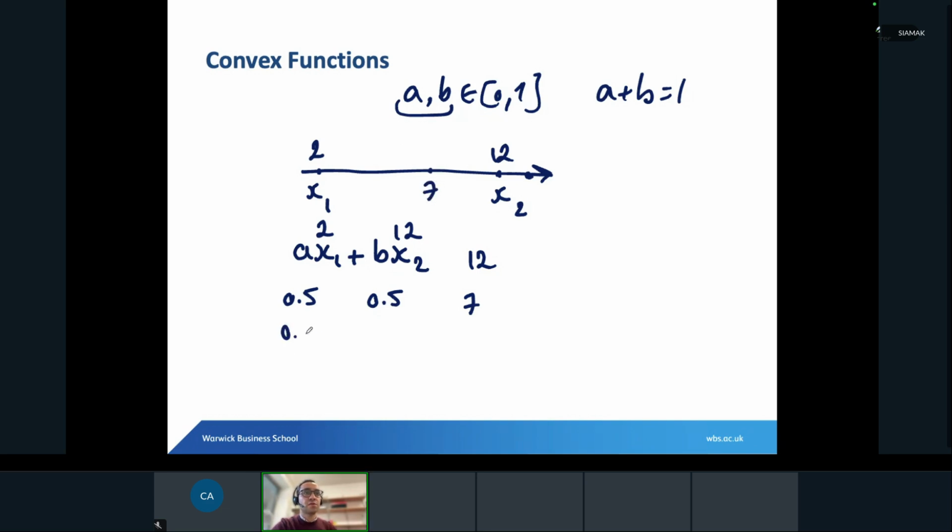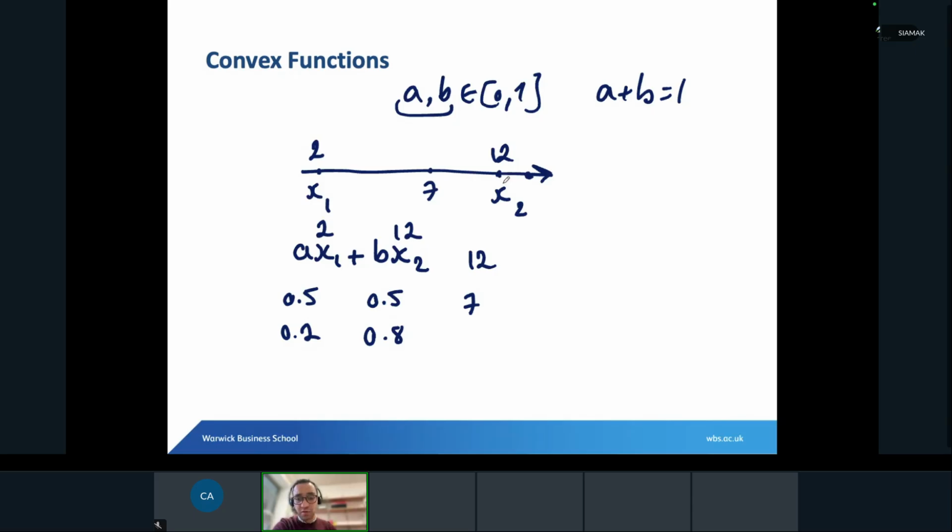For instance, 0.2 and 0.8 give us another point. It's not an integer value, but you can see that it still gives us a value between 2 and 12.